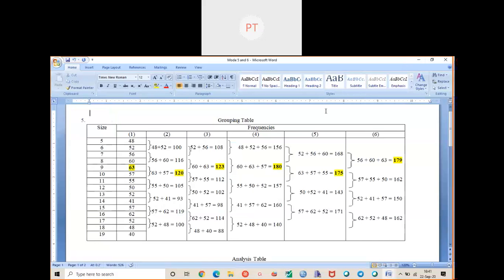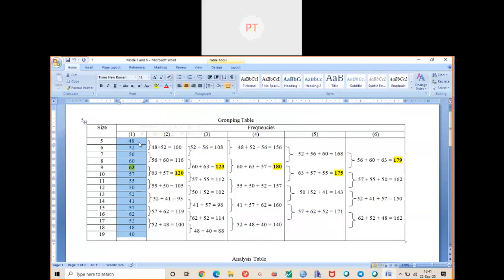Now in this grouping table, as you can see here, this is your value or the size that has been provided. This is your x. Now this is your f, that is frequency, which has already been provided. Have a look at question number 5.